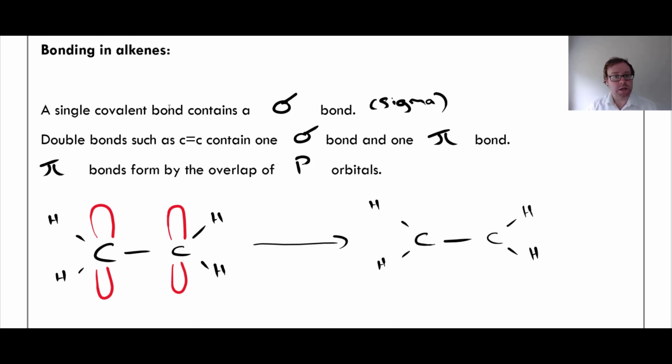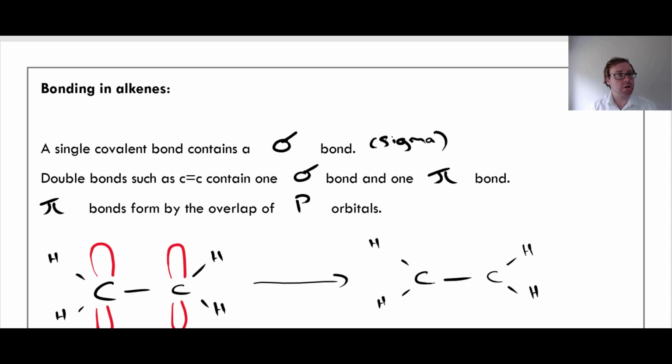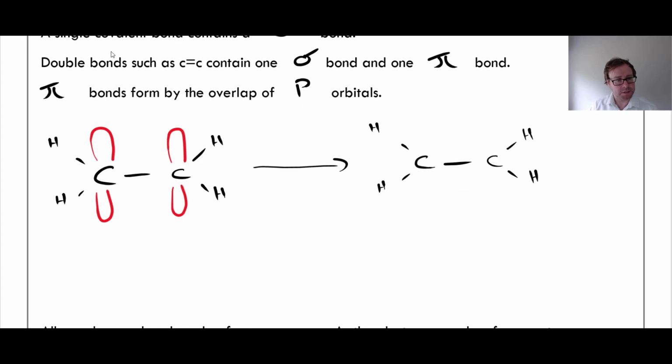So the electrons can be found in any area over here. I'm going to have an overlap here, and particularly important, which I haven't written up there, is the sideways overlap of p orbitals. I'm just going to write that in here.